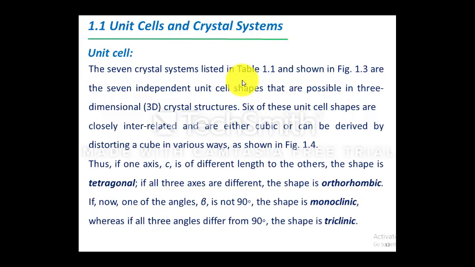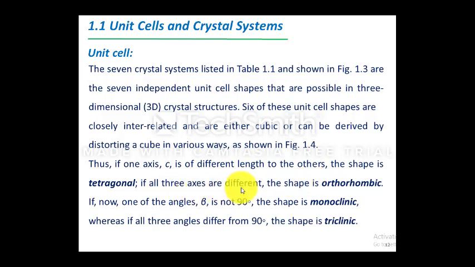The 7 crystal systems are listed in table 1.1, and they are shown in figure 1.3. 6 results we can get from interconversion of crystal systems. 6 of these unit cell shapes are closely interrelated and are either cubic or can be derived from a cubic system by distorting a cubic system in various ways. Thus, if one axis C is a different length to the others, the shape is tetragonal.